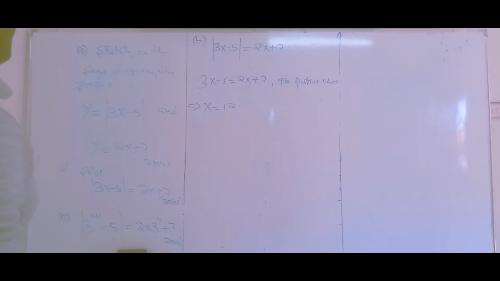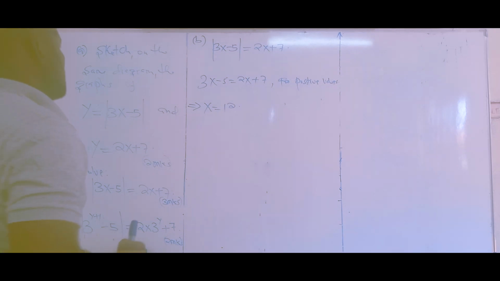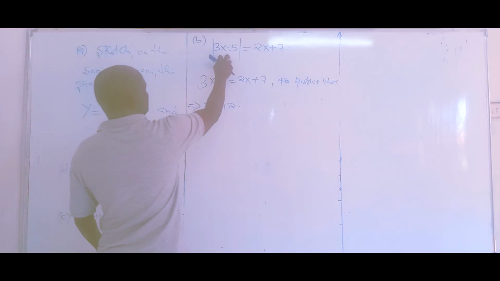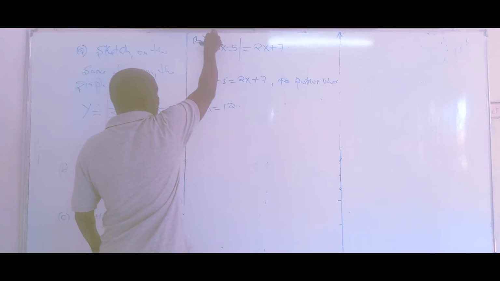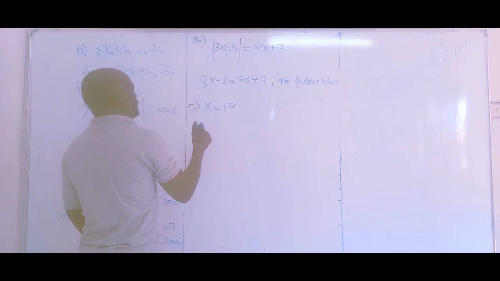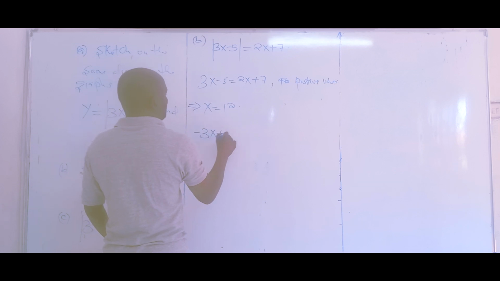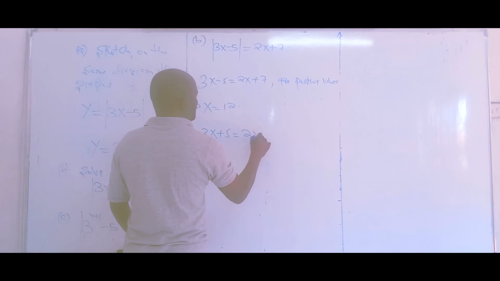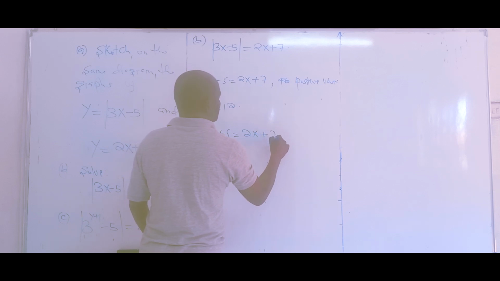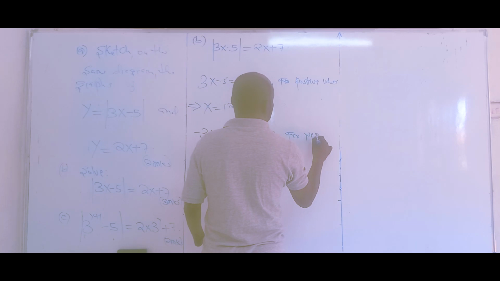And what if we consider the negative part of it? Then we would pick a situation where the whole of this is negative. We are not taking the modulus of it, but the negative part of it. Then I'll be having -(3x - 5) = 2x + 7, for negative values.